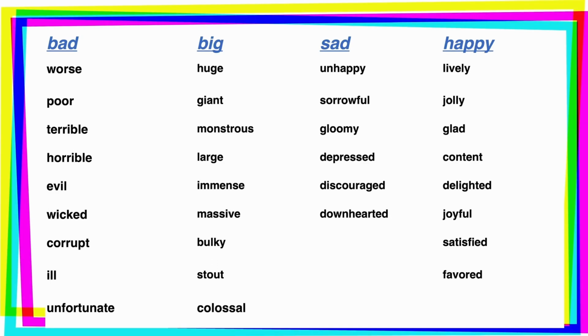Here's the word sad: unhappy, sorrowful, gloomy, depressed, discouraged, downhearted. And the word happy: lively, jolly, glad, content, delighted, joyful, satisfied, flavored.